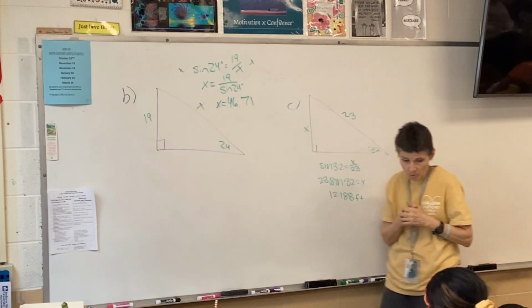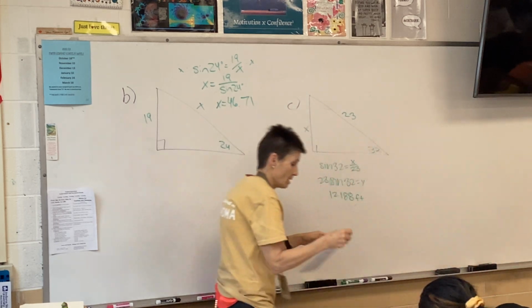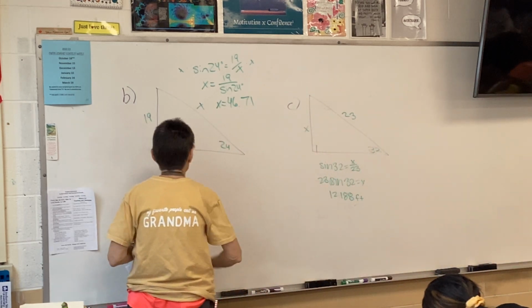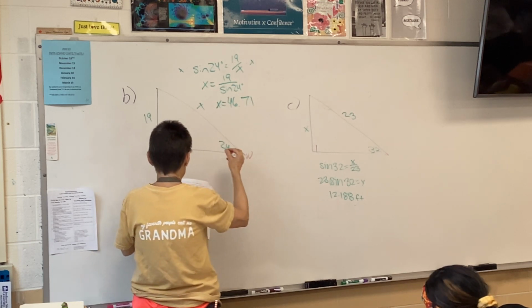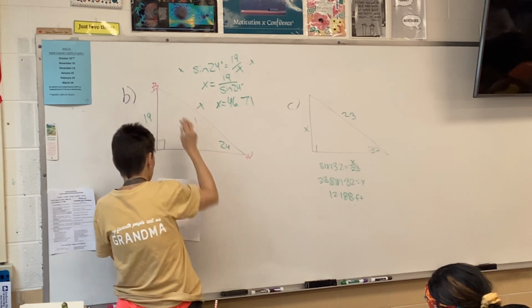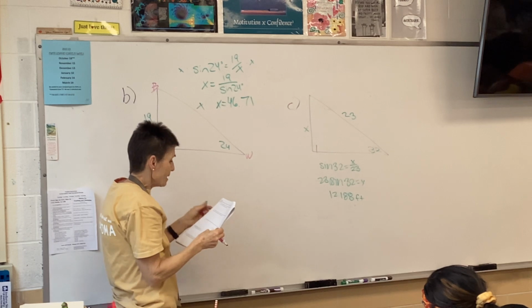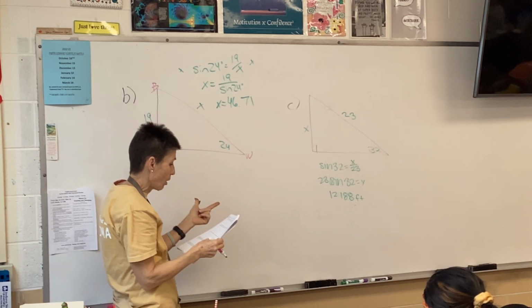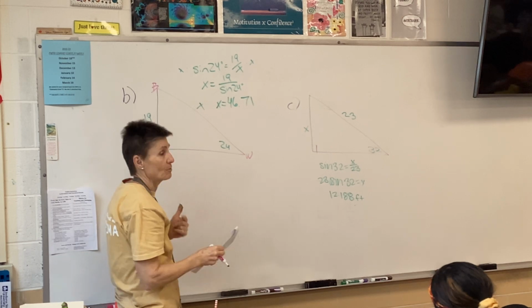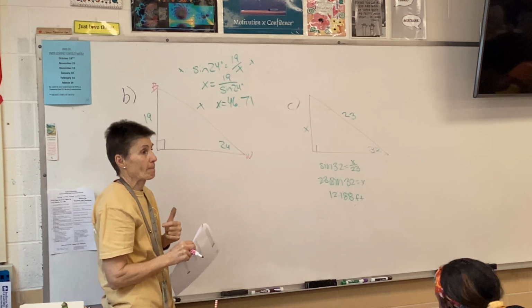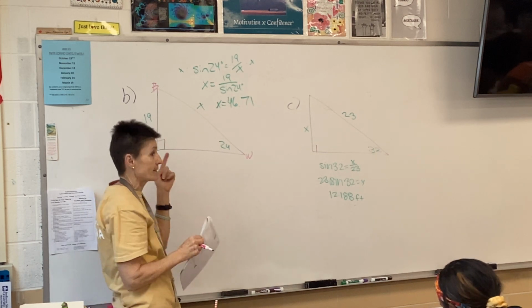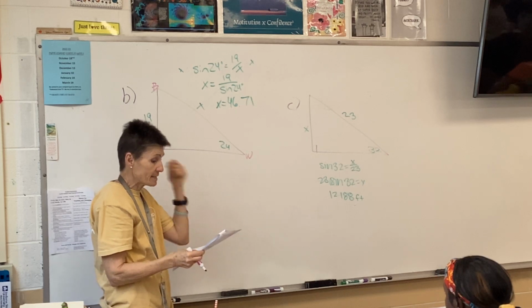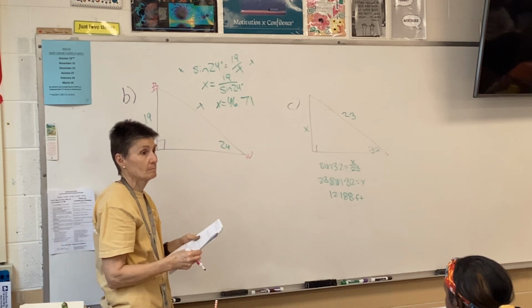So, first of all, here's the worm on the ground. Here's the bird in the top of the tree. Does he have the 19, the 24, and the X in the right spot? Do you agree with Jake's placement of the 19, 24, and X?